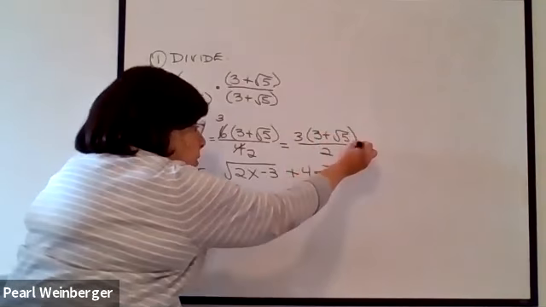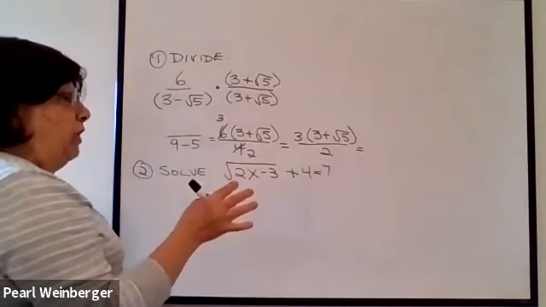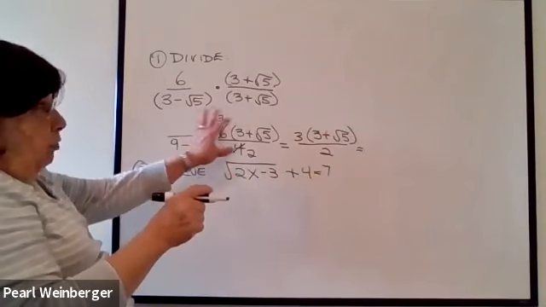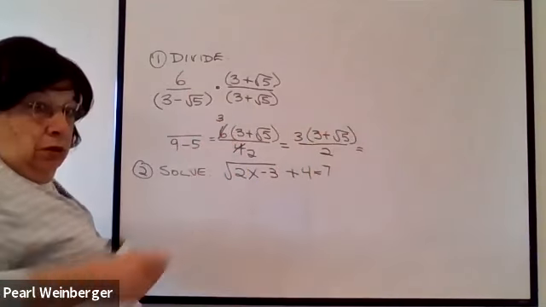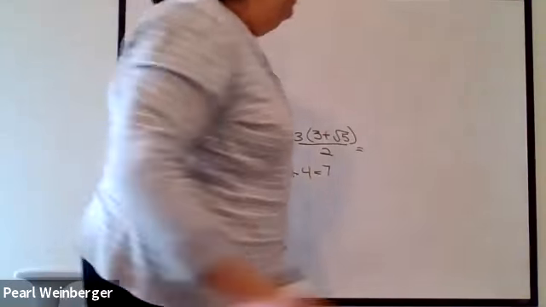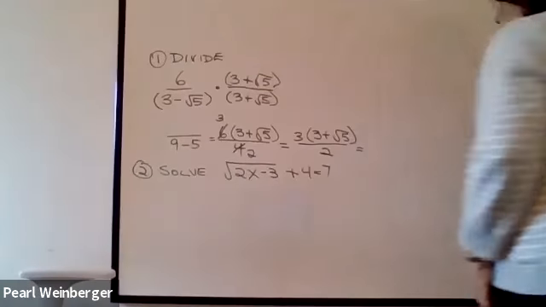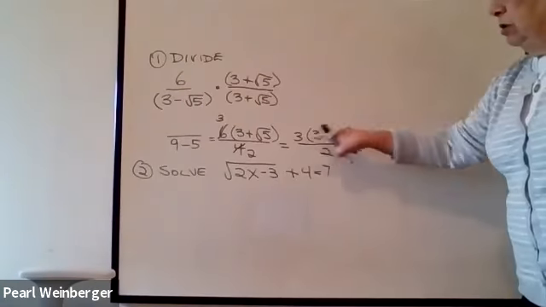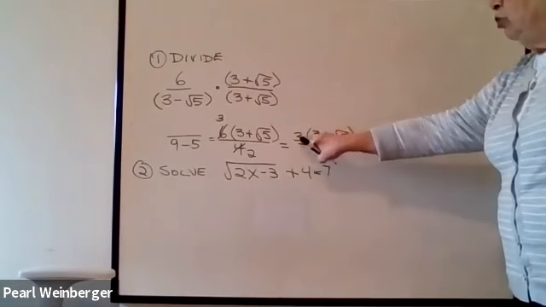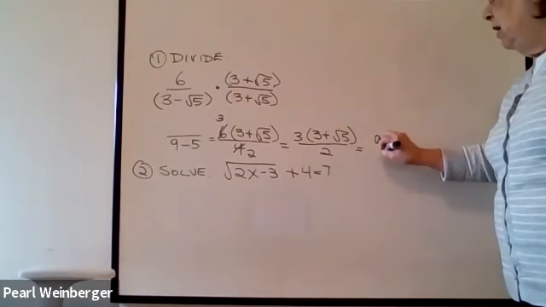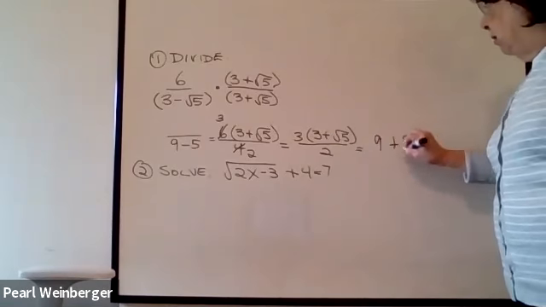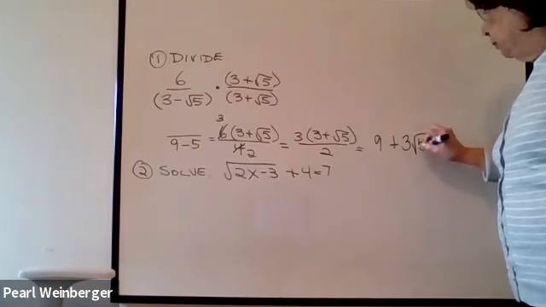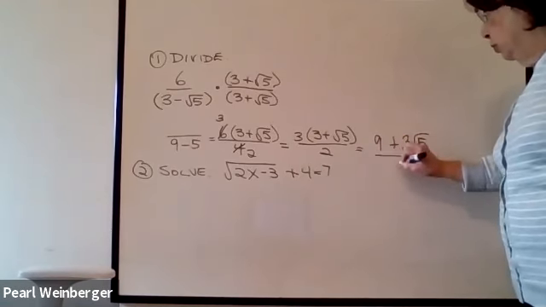Or you could, if you wanted to, remove that parentheses. After you've reduced it, after you have divided top and bottom by 2, you could then use the distributive property and do 3 times 3 is 9, plus 3 radical 5, all over 2.